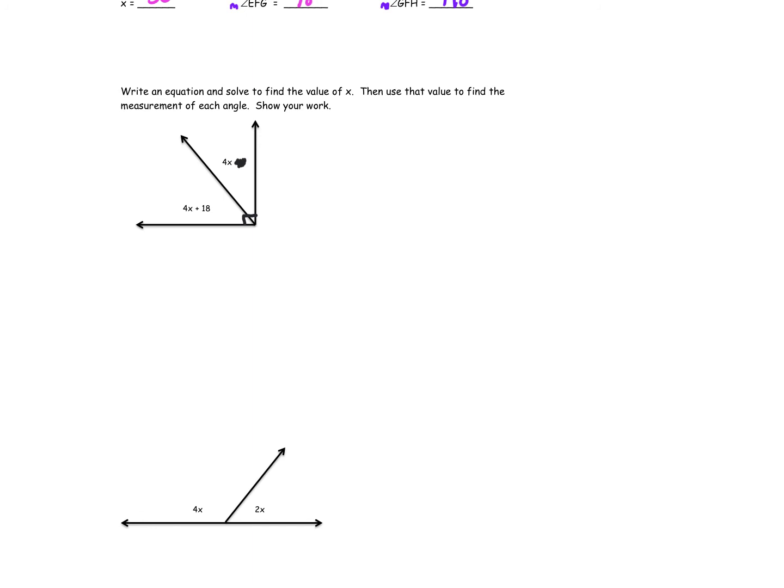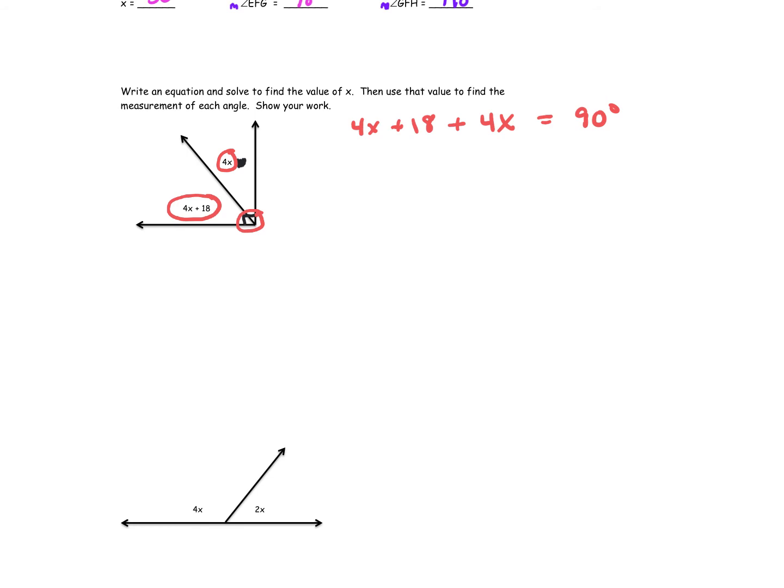The first angle is 4x plus 18. For the second angle, we're just going to choose 4x. But together, because of that symbol, we know this is 90 degrees. So these are complementary angles.